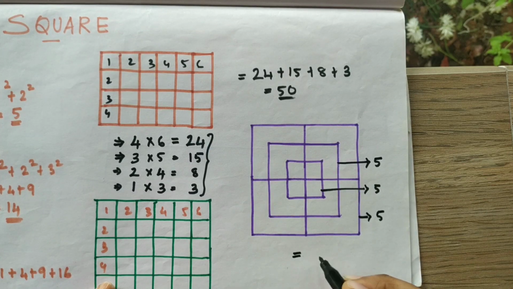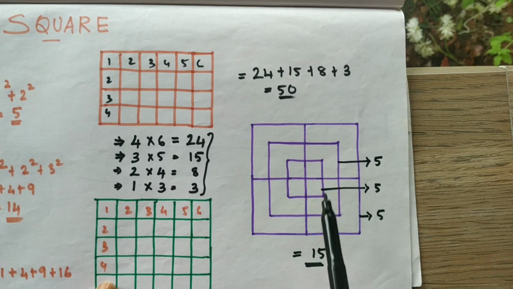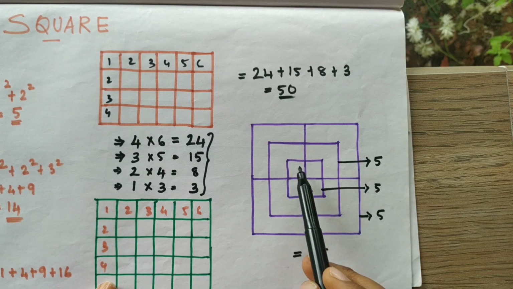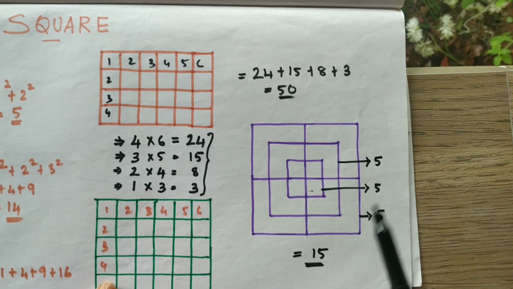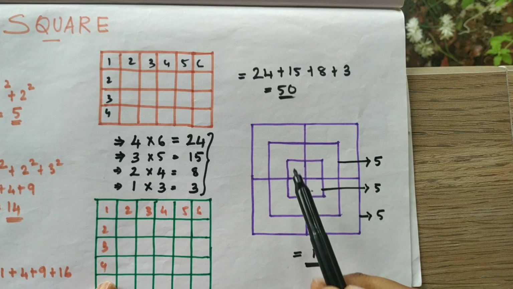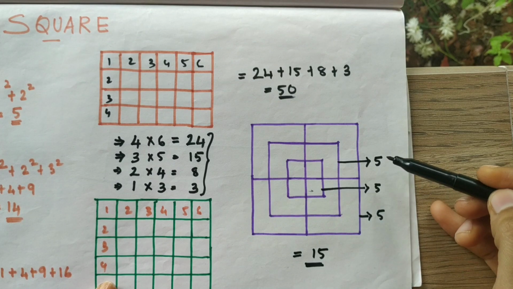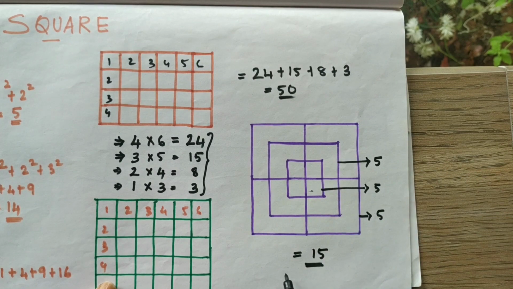So totally 15 squares here. Hope you understood. We know how to find the base. It is a 2 by 2 matrix kind of thing, so the rows and columns are equal. So 1 square plus 2 square, 5. We add all these 3 and find 15 here.